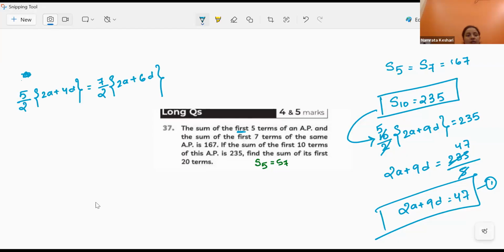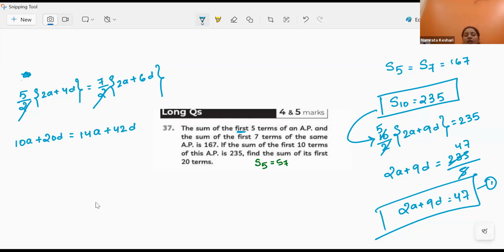No, ma'am. Okay. Now we can see 2 on both sides. We can cancel them out. If you are not convinced how we are canceling them out, then you can take both 2s to one side. One will be in division, the other in multiplication. They will cancel out each other. Yes or no? We have 10A plus 20D is equal to 14A plus 42D, right?